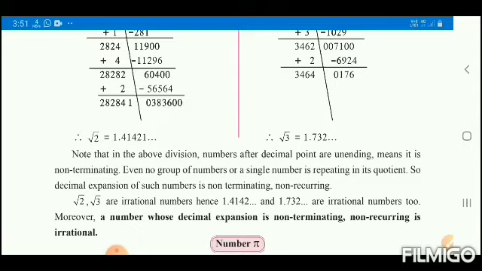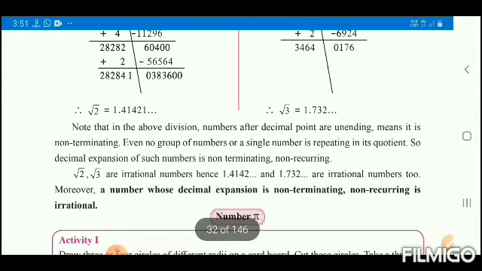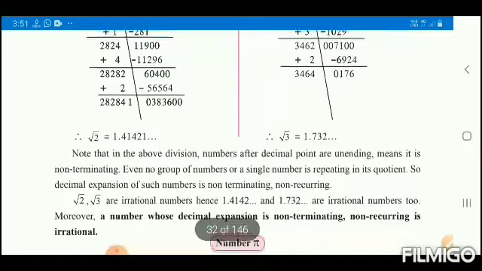Hence, 1.4142 and 1.732 are irrational numbers too, because these numbers are also non-terminating and non-recurring. Moreover, a number whose decimal expansion is non-terminating and non-recurring is irrational.